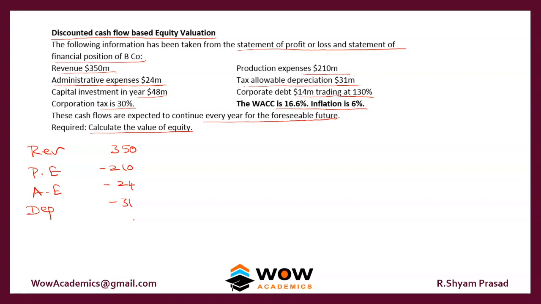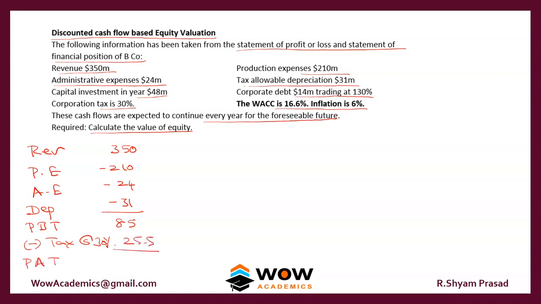So that's what we have. We'll first deduct this. So this will give us profit before tax. So let's see how much it comes to, 85. From here we will deduct the tax. So the tax is at 30%. The tax comes to 25.5.